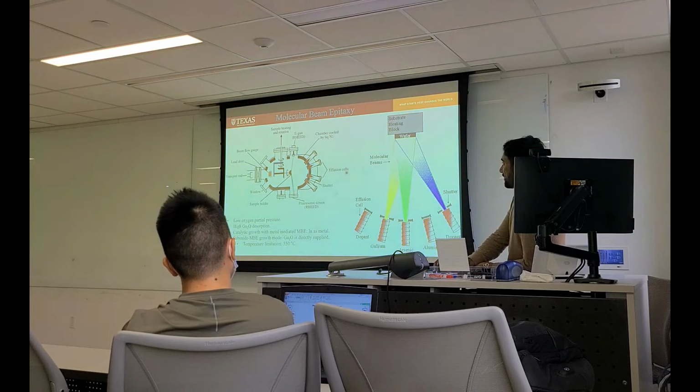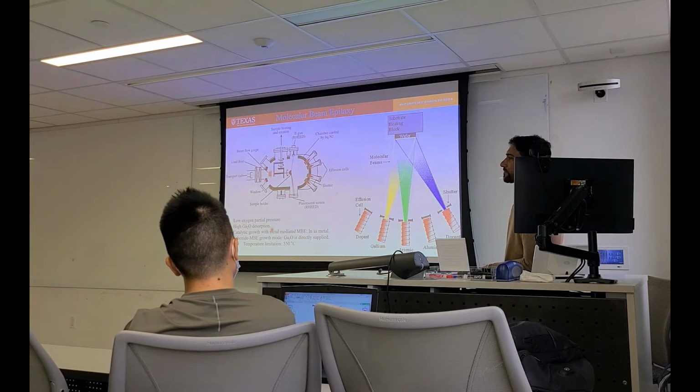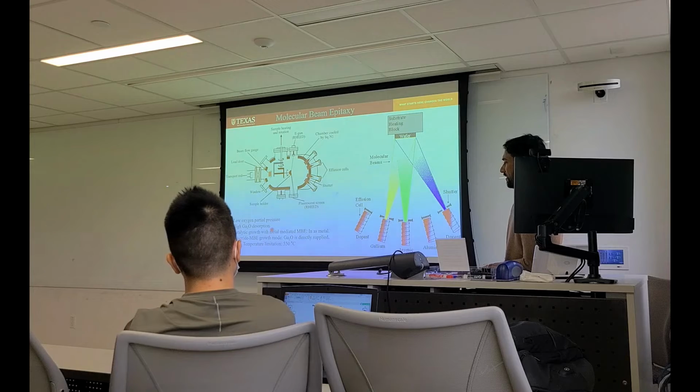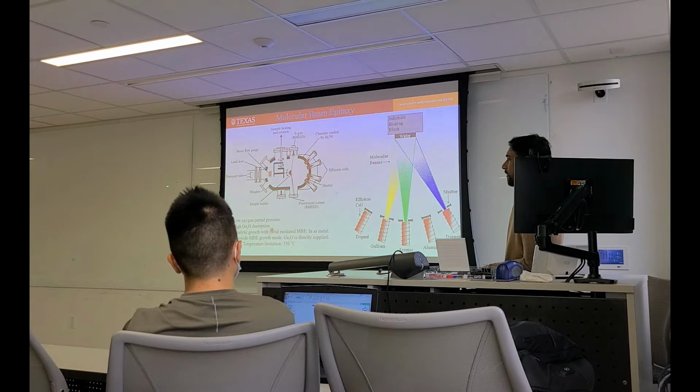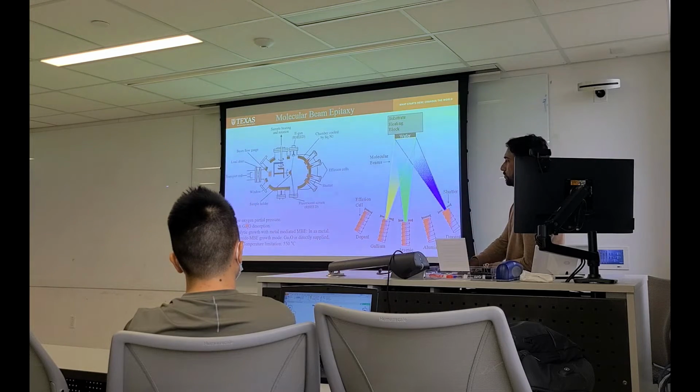As I mentioned, because of ultra high vacuum, it has low oxygen pressure, specifically for gallium oxide growth. If I summarize, what happens? You oxidize gallium into Ga2O, and then Ga2O is oxidized to Ga2O3. So there are two steps.